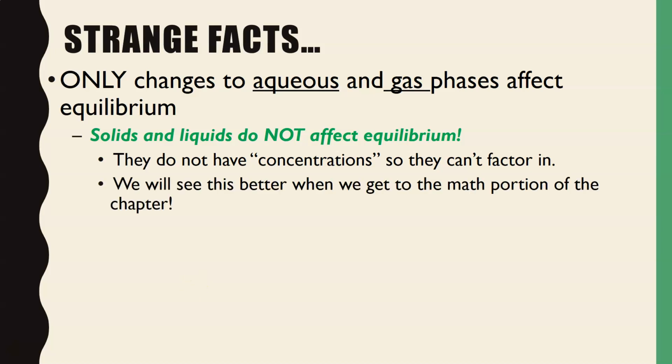When we start doing some of the math, you'll see what I mean, where there's no place for those chemicals to be in our equation. Another strange thing is that while adding gases that are part of the reaction will change the equilibrium because they're participating in the reaction, if you add a gas that is not participating in the reaction, nothing's going to change. Yes, the pressure of the container will change when you add this new gas, but it's not going to change the ratio of chemicals that are inside the chemical reaction that's taking place.